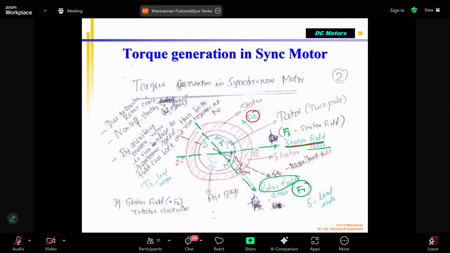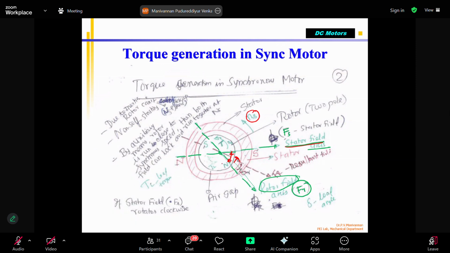Okay. Now we can see that between these two fields there is an angle. This is called lambda. Right? Lambda is the angle between the rotor and stator magnetic fields at a particular instant. Okay. Now, because both magnetic fields are interacting, there will be a resultant magnetic field, which is shown in another gray color.